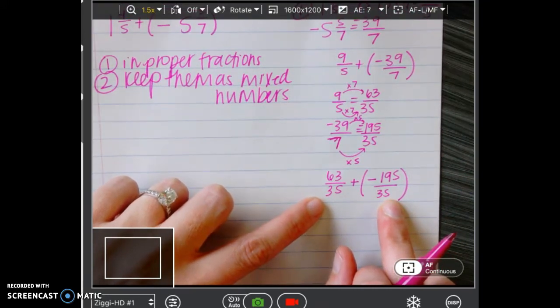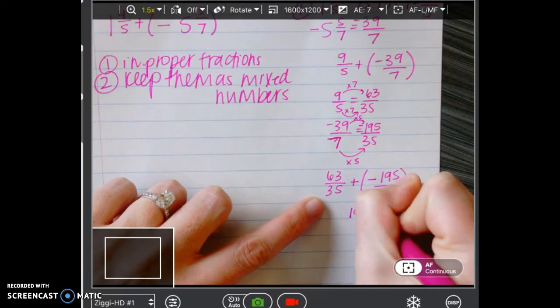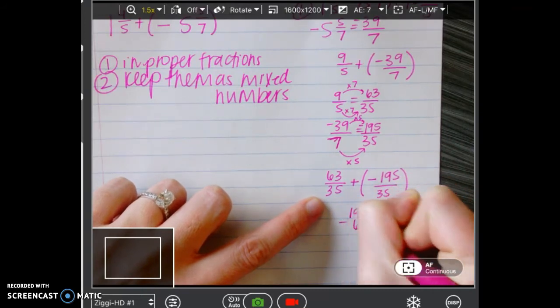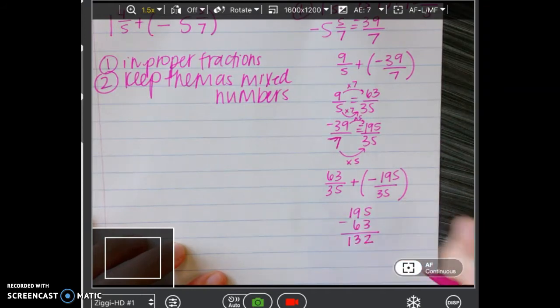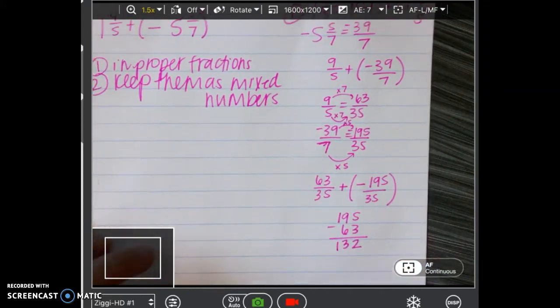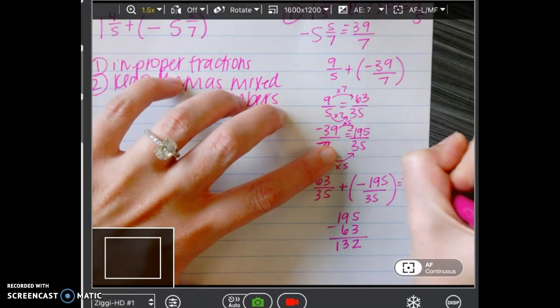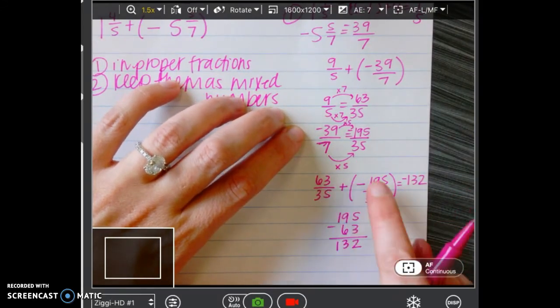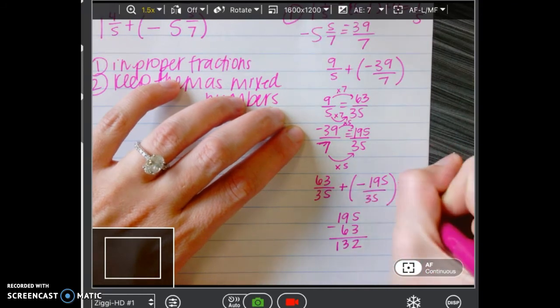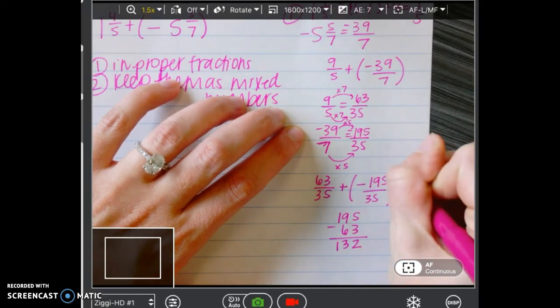So that means that I need to subtract 195 minus 63. 5 minus 3 is 2. 9 minus 6 is 3. So I get 132. And I need to remember to add my negative because this fraction is greater than this fraction, so there's more negatives than positives. And then I keep my 35.